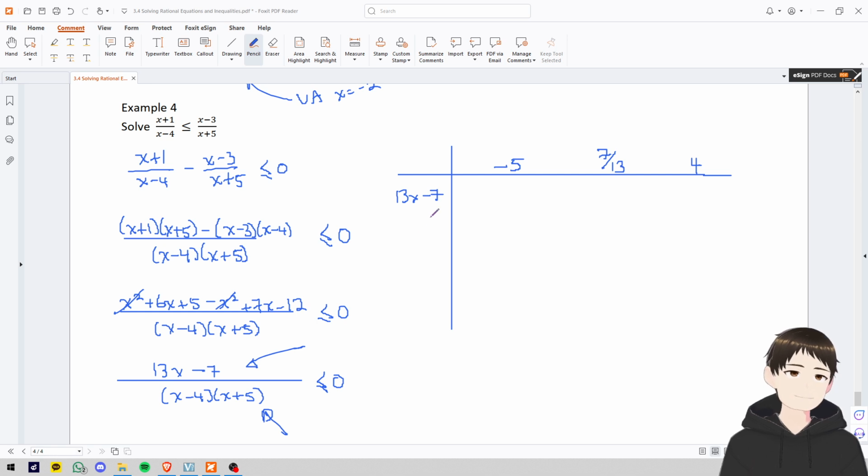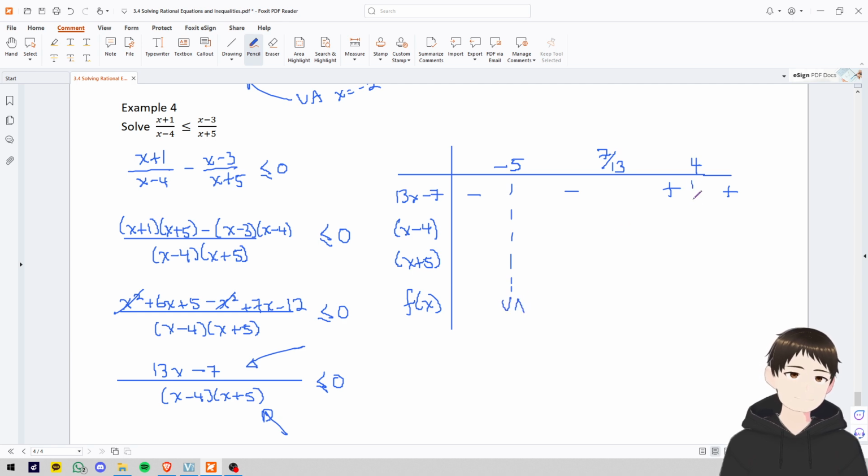Anyways, let's keep going. (x-4)(x+5), and then here is the function. We've got big minus. I'm going to plug in a 0. That's a minus. Anything above that should be a plus and a plus.